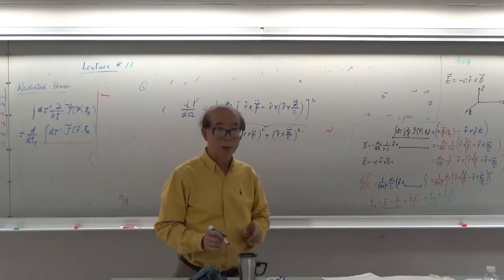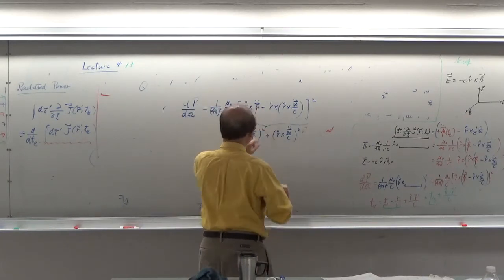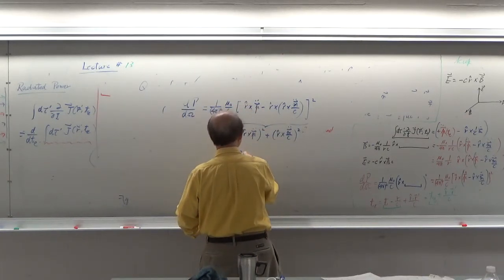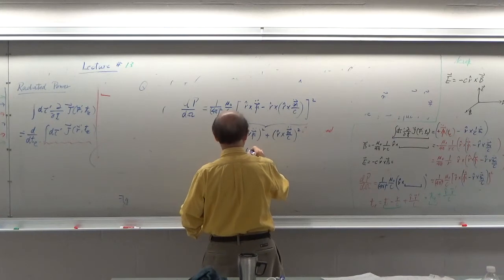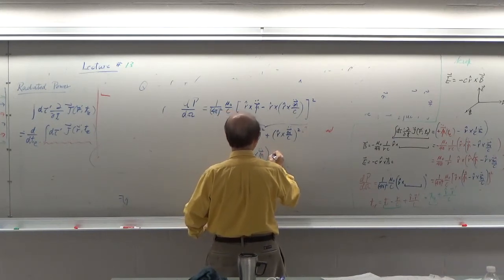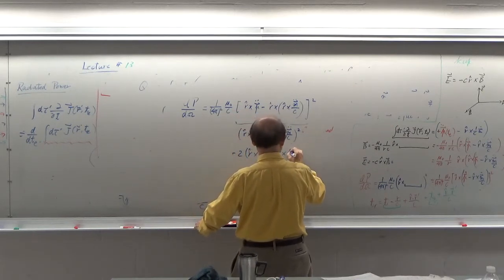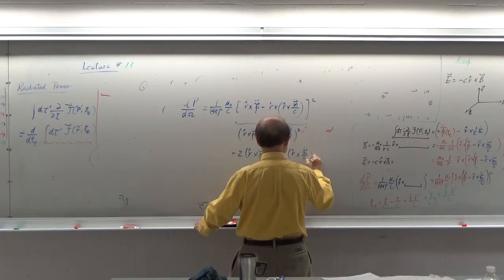That's simple. Now the complicated part comes from the cross term. So there's minus 2 of r hat cross p double dot, dotted with r hat cross m double dot over c.